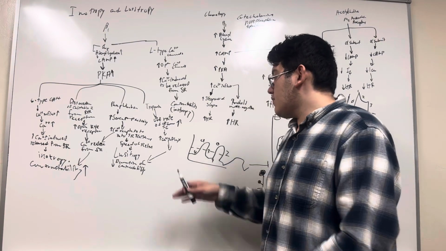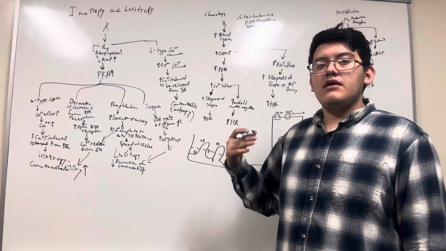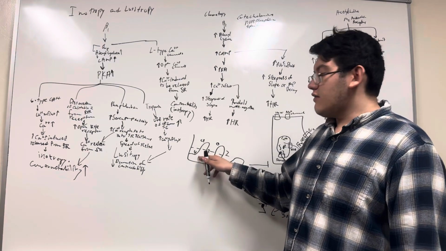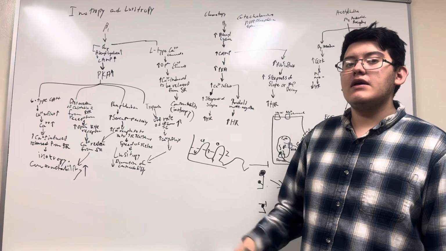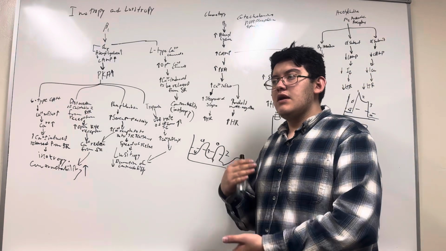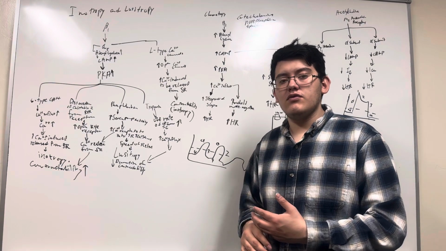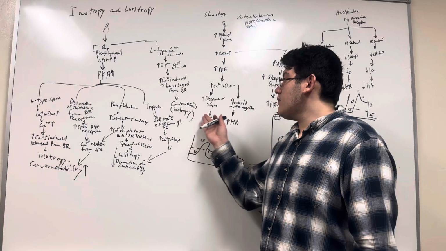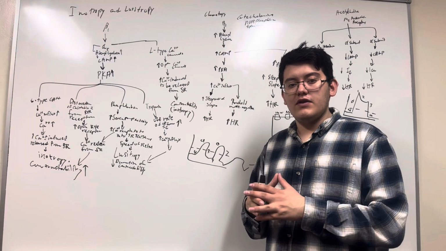And so that's why it's very important. Increasing the steepness of this means that it will be depolarizing the cell more often, and we'll be able to have an increased heart rate because of that, because we'll be contracting more often.